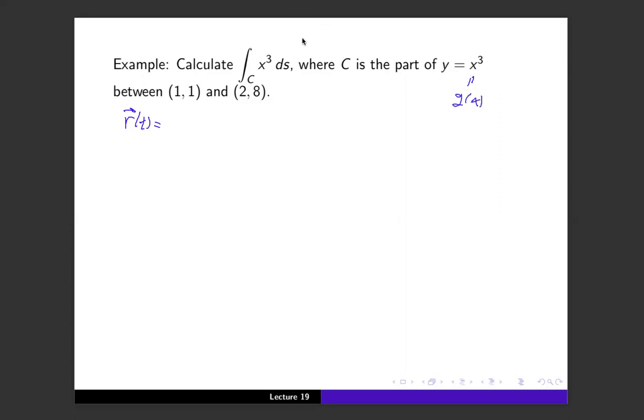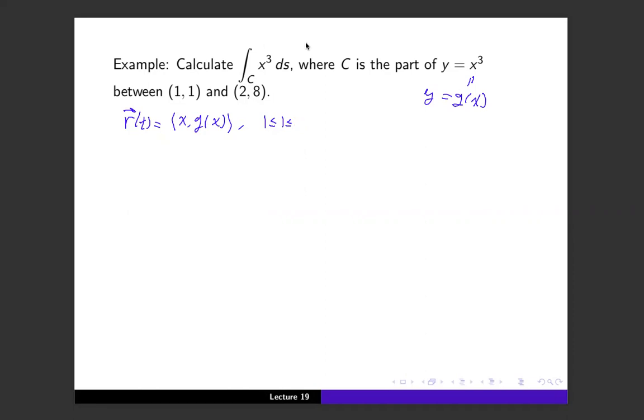Y equals some function g of x. What that means is that r of t, we can think about as x comma g of x. In this case, x is going from 1 to 2.